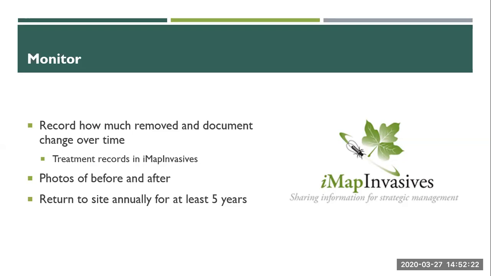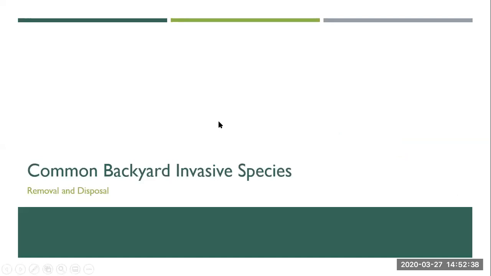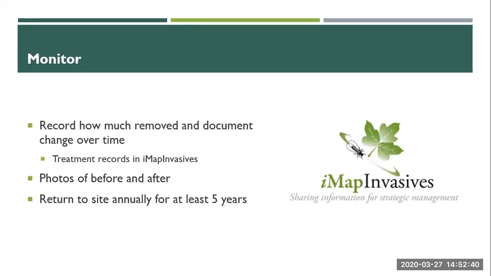Record how much you removed, and then over time you will be able to see a numerical difference in the acreage or the size of the plot that you removed. So these records can be put into IMAP Invasives.